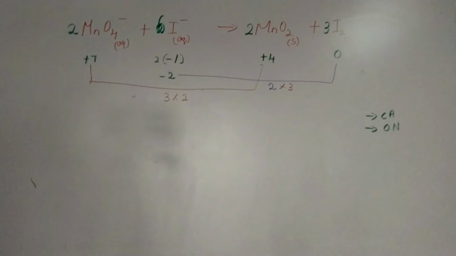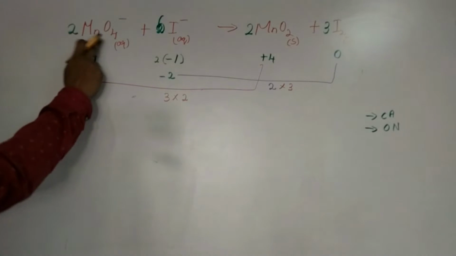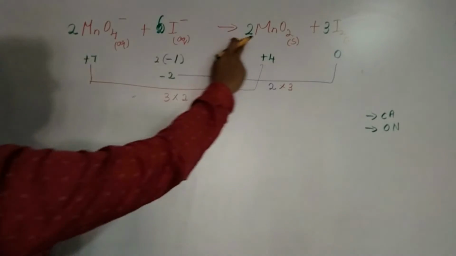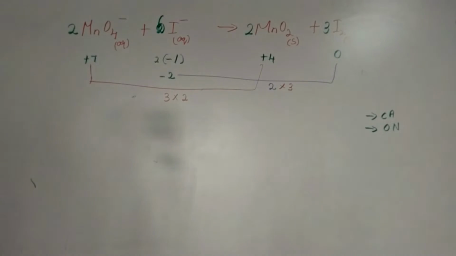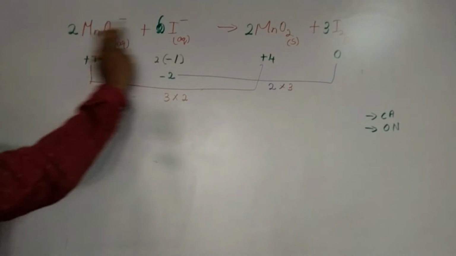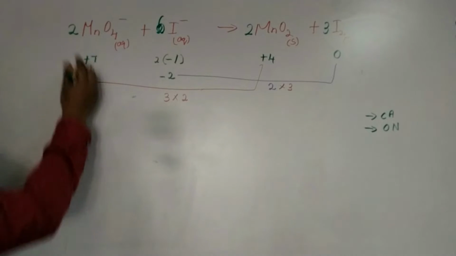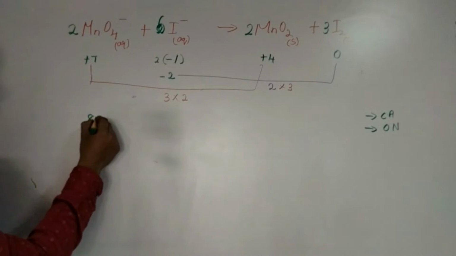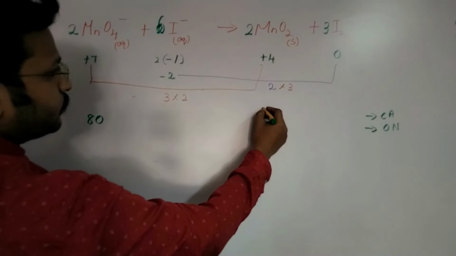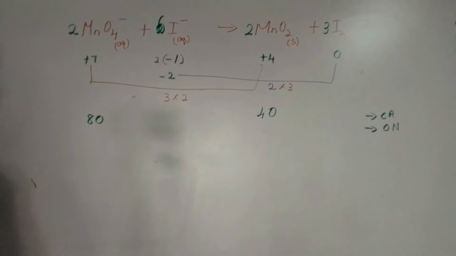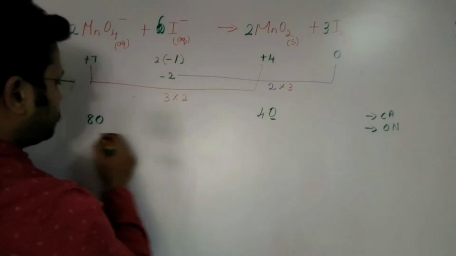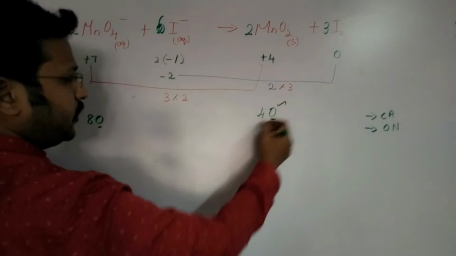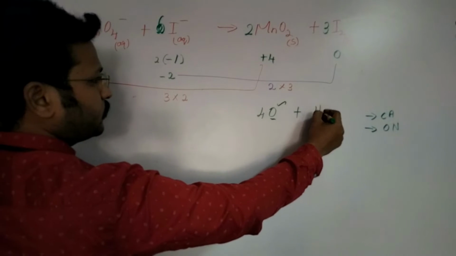Now what we have to balance is the number of oxygen on either side. Here we are having 2 into 4, it's 8 oxygen. Here 4 oxygen. And in this we are not having any oxygen. So I have to balance by using these two terms. Here I have 8 oxygen and here I have 4 oxygen. So towards the oxygen deficient side, I have to add H2O.